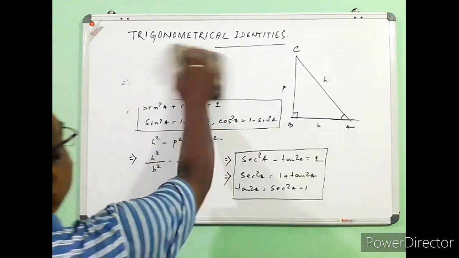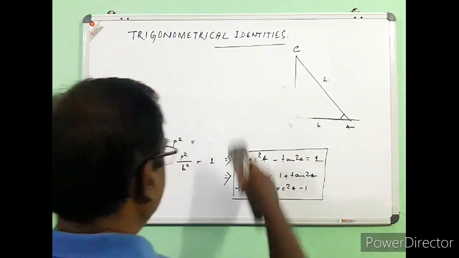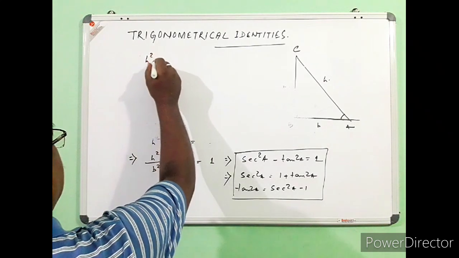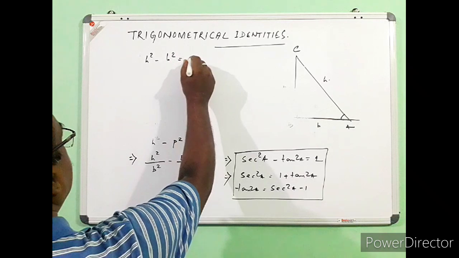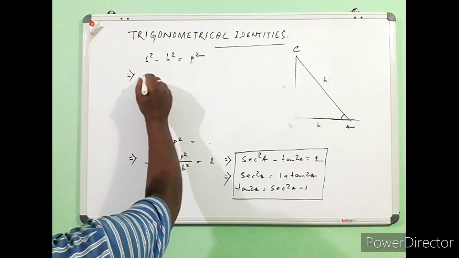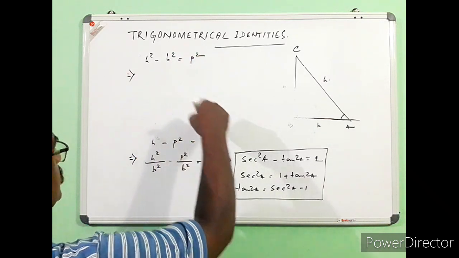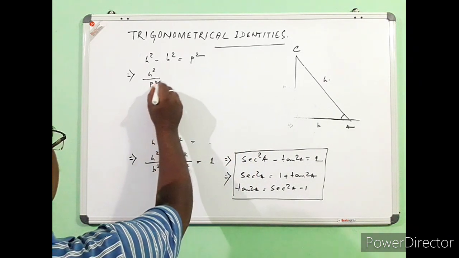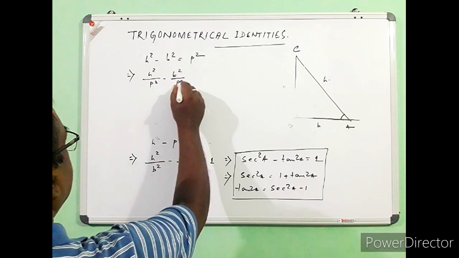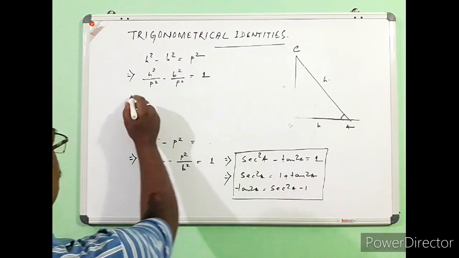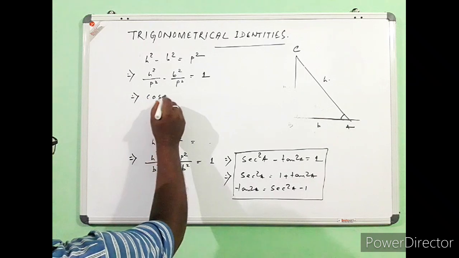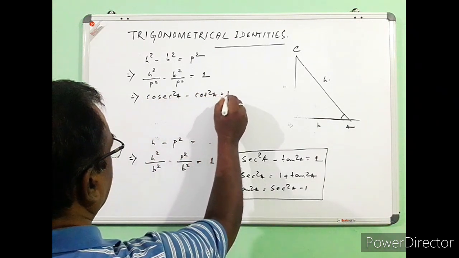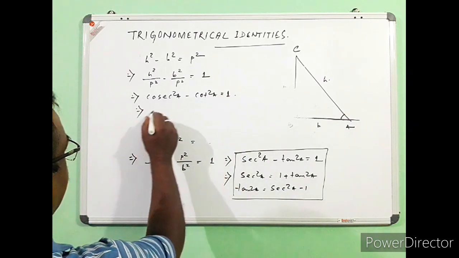Now take the third relationship: hypotenuse square minus base square is equal to P square. Dividing by P square, just like the previous ones, we get H square by P square minus B square by P square is equal to 1, or cosec square A minus cot square A is equal to 1, from which two more can be derived.